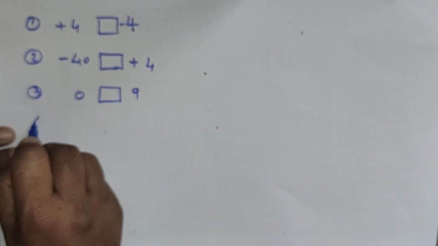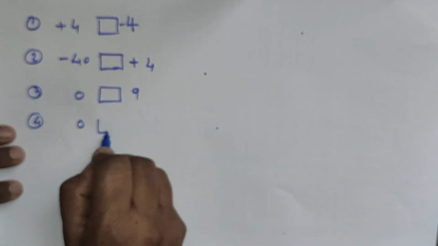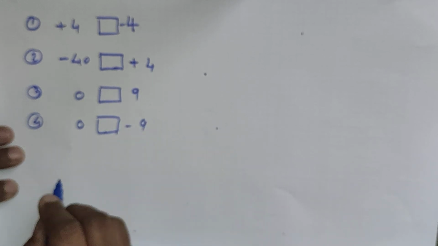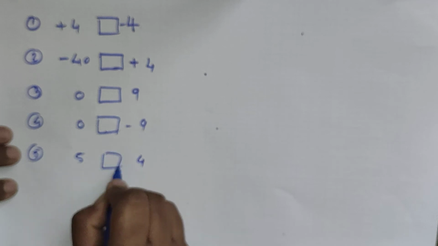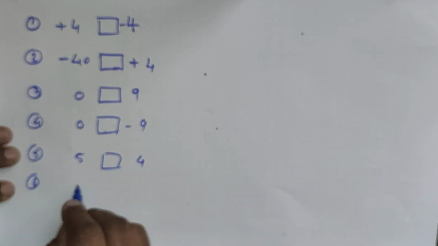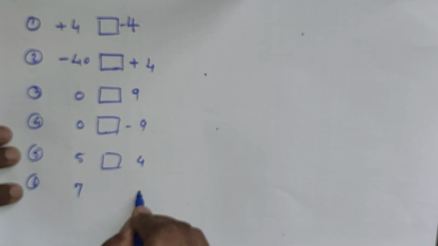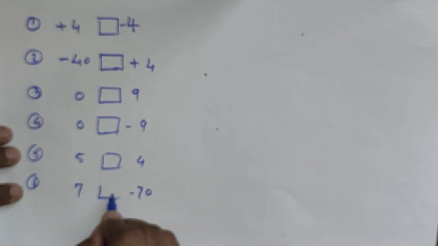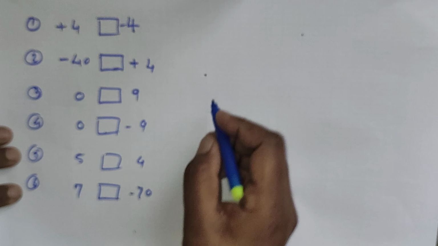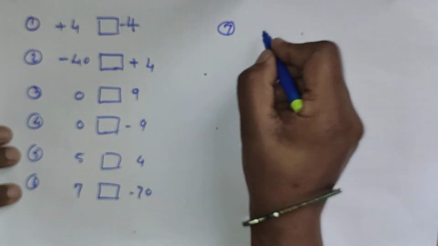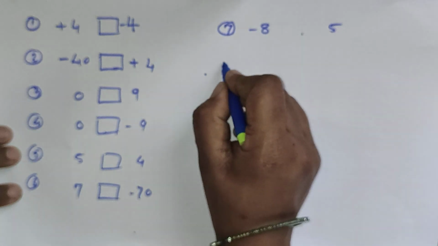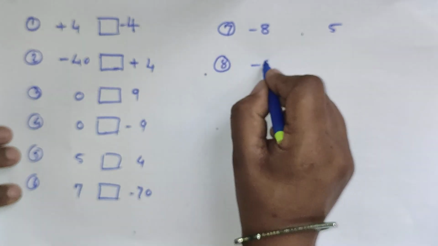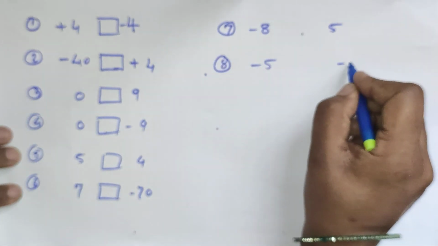Then fourth example, 0 and minus 9. Fifth example, 5, 4. Sixth example, we will take 7 and minus 70. Seventh example, we will take 8 and minus 5. Eighth example, we will take minus 5, minus 8.